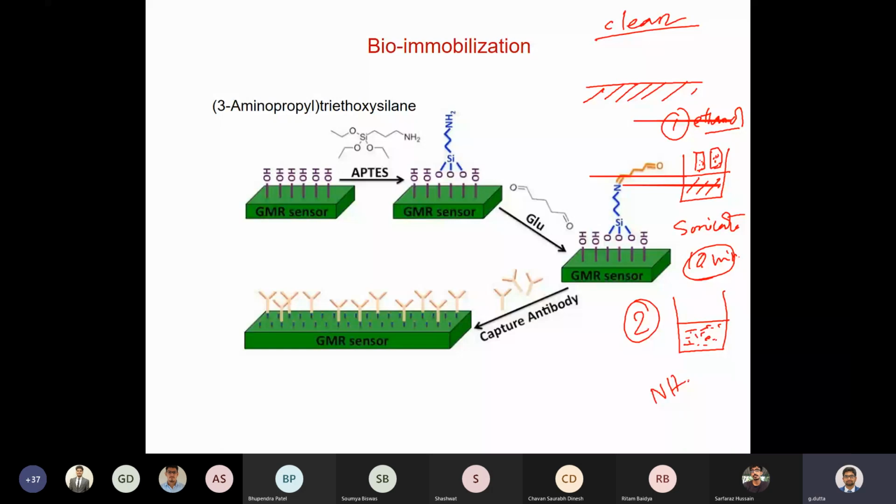The ratio is 1:1:5: ammonium hydroxide 1, hydrogen peroxide 1, and water 5. You have to make a mixture with this ratio.